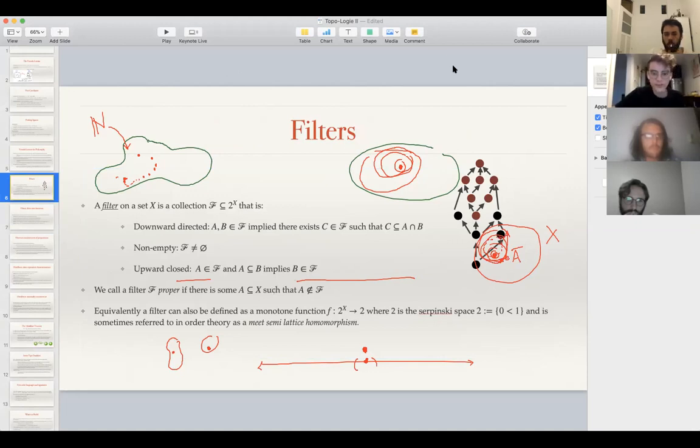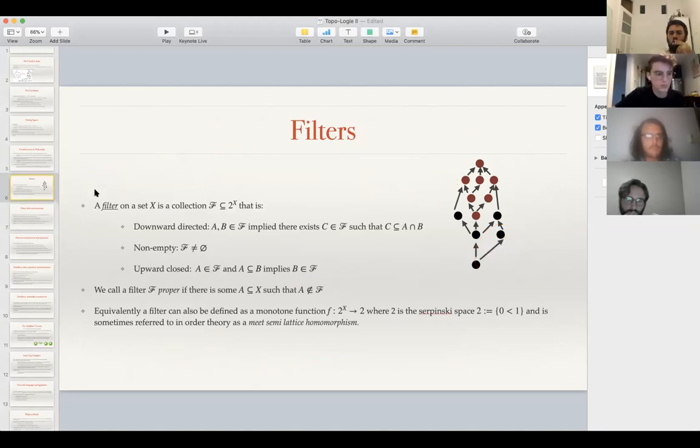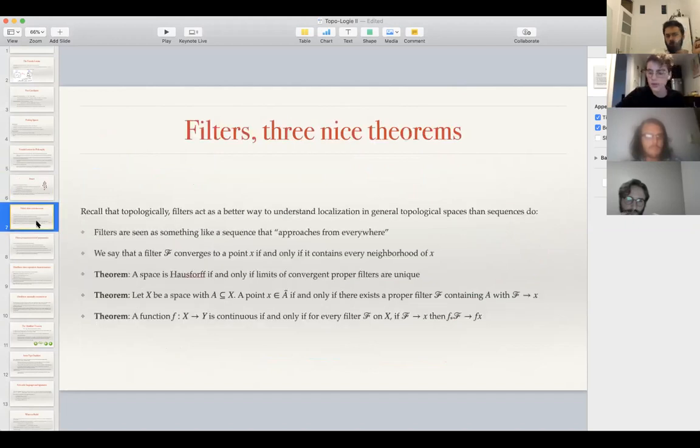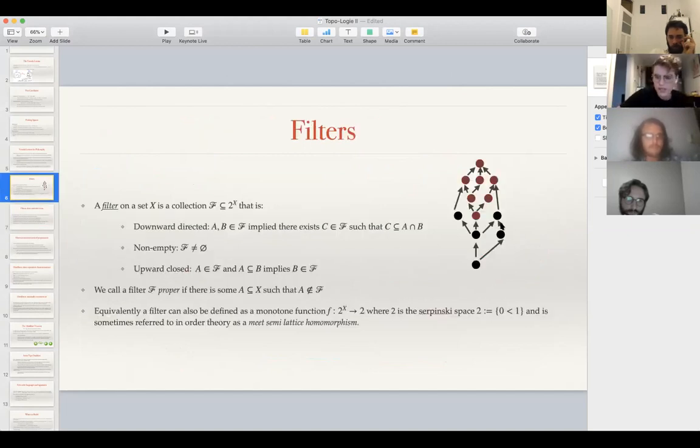Let me clear this. Okay, so this is filters. Yeah, I realize now that that one is not an ultrafilter because you can expand it. I think I made it not an ultrafilter on purpose. I believe this point would probably not be.